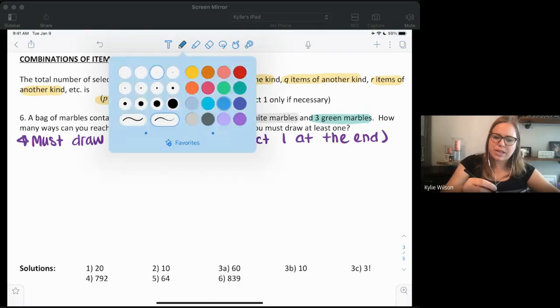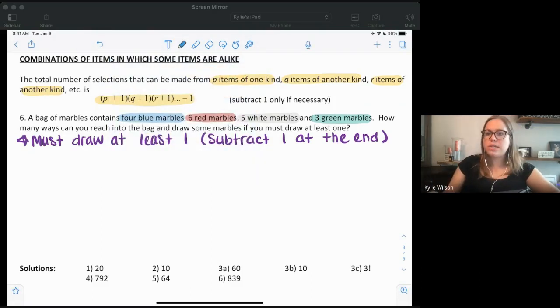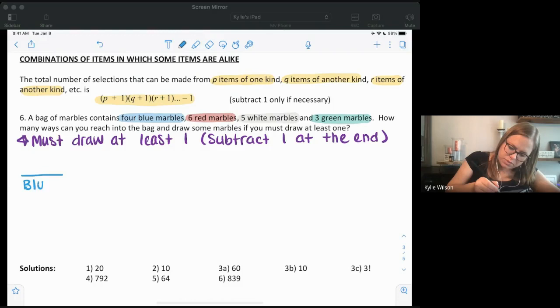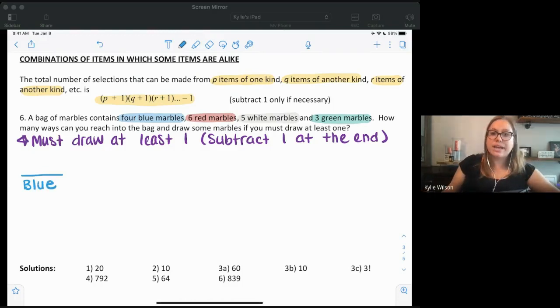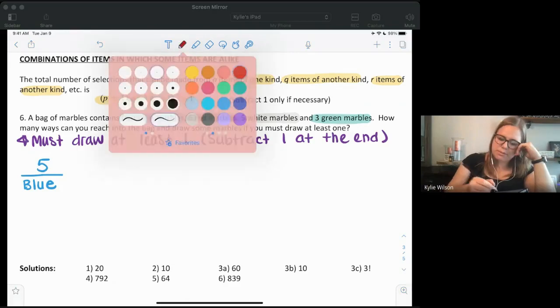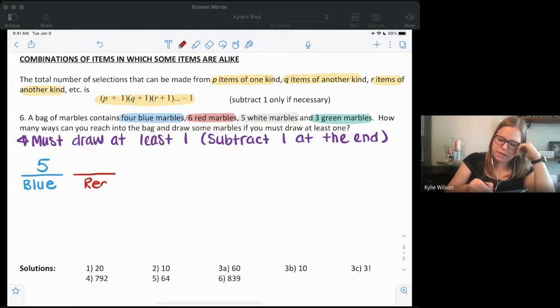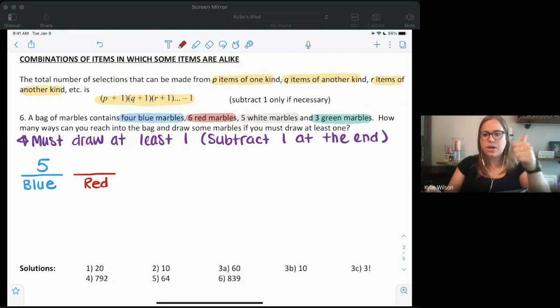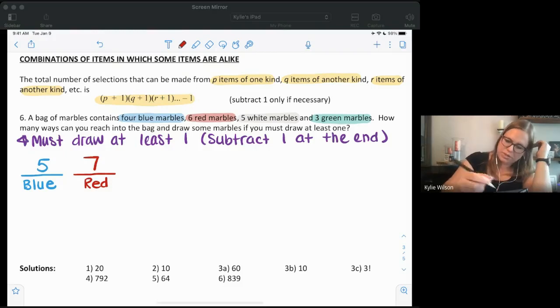Okay, so what we'll do is we're going to do this 2 ways just so you can see where the formula comes from. So here's our options for the blue marbles. I could choose 0, 1, 2, 3, 4. So 5 options. For the red marbles, I could select 0, 1, 2, 3, 4, 5, 6. 7 options because I included that 0 option too.